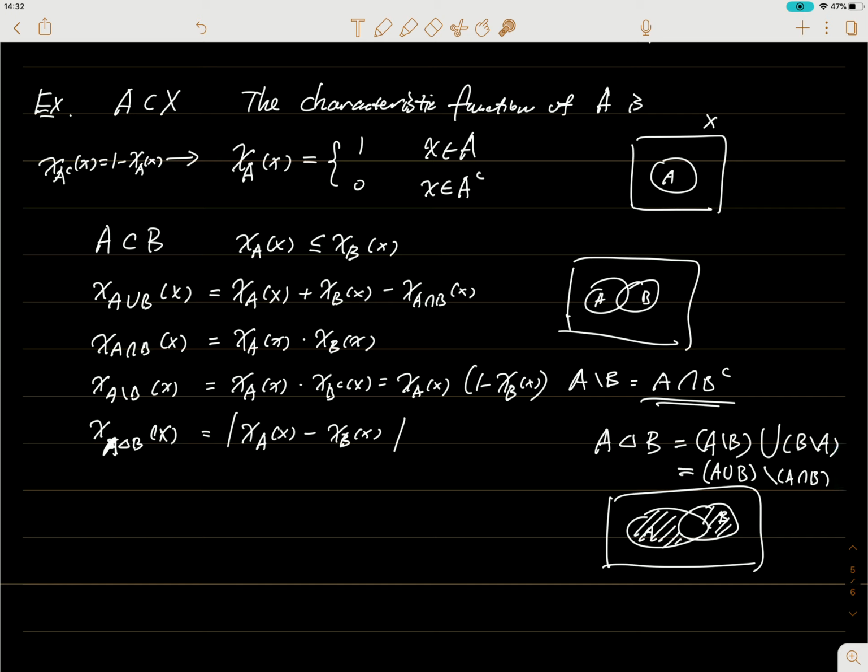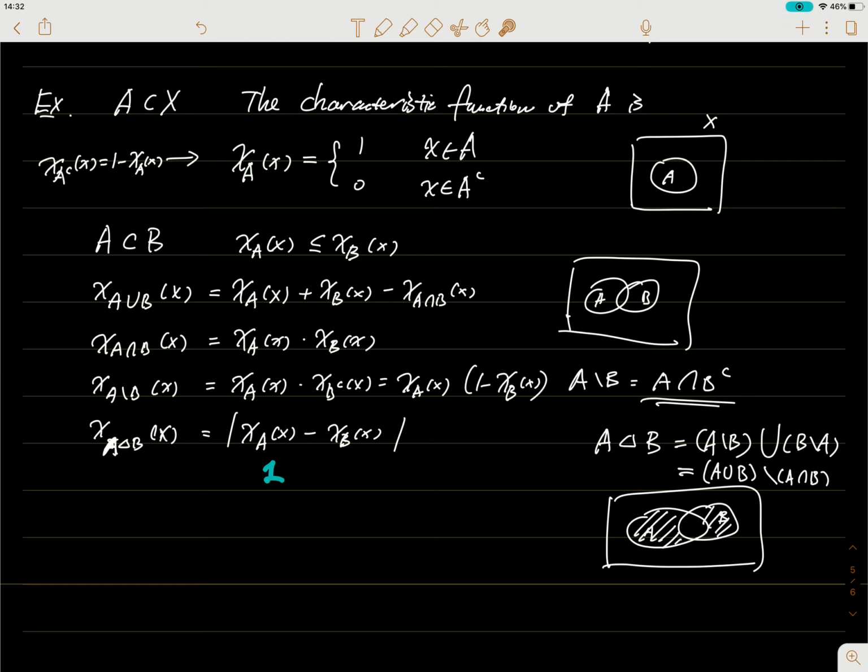And now consider the characteristic function of the symmetrical difference here. You take a value 1 in this part or this part, and take a value 0 here or here. Okay, and then you can actually verify that this holds. The characteristic function of the symmetrical difference of A and B is just the absolute value of the difference between these two characteristic functions. The reason is if x is in A but not in B, then this is 1 and this is 0.